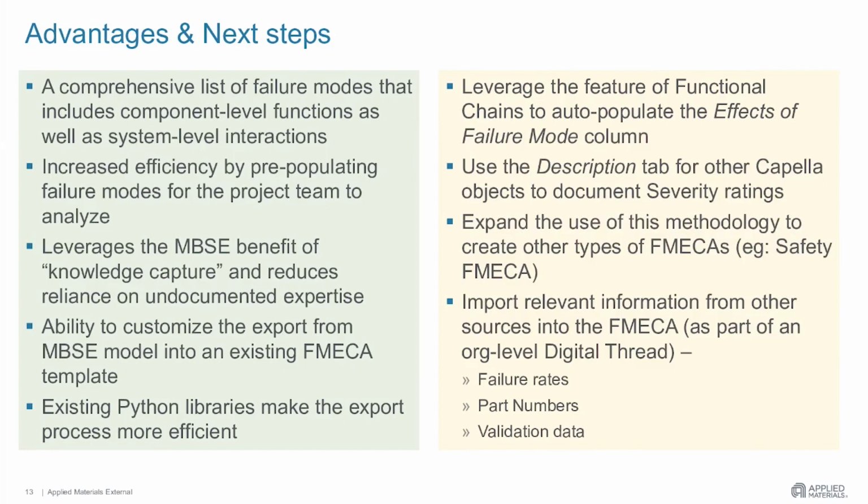This definitely is a more efficient process, because we remove the time where engineers have to sit for a few hours from different teams and populate this Excel sheet. We can do it in a few minutes using the Python template we have, and they can focus on the risk mitigation part of it.